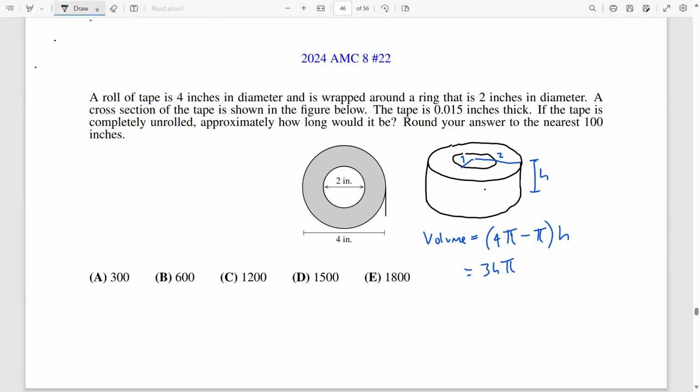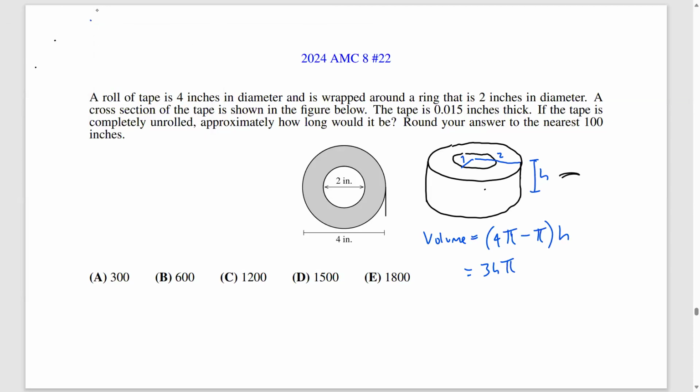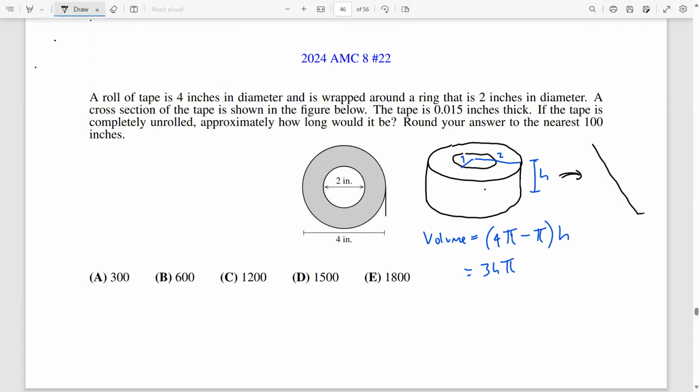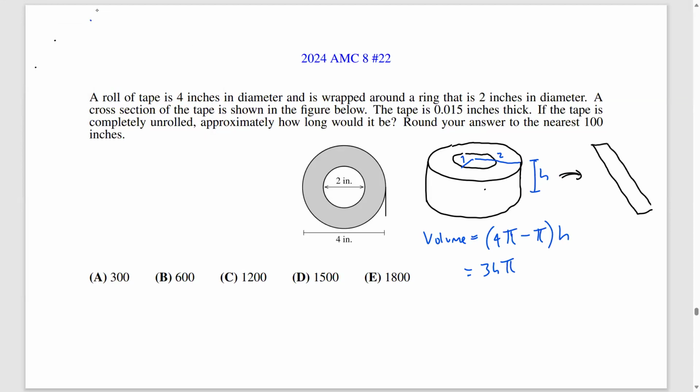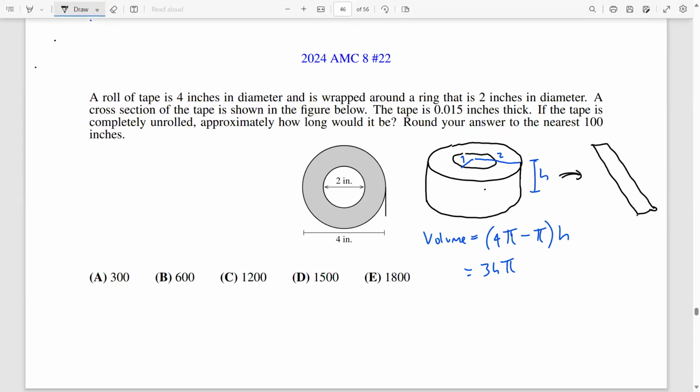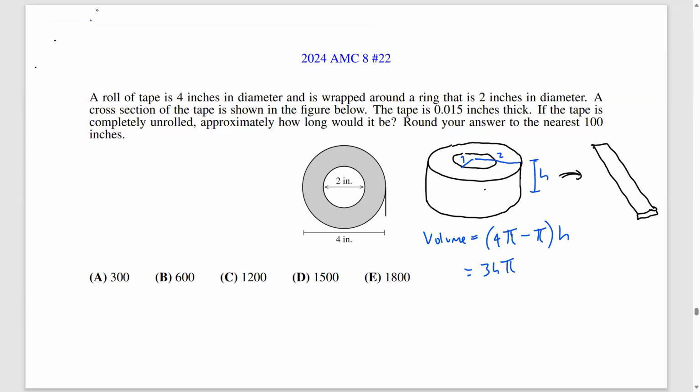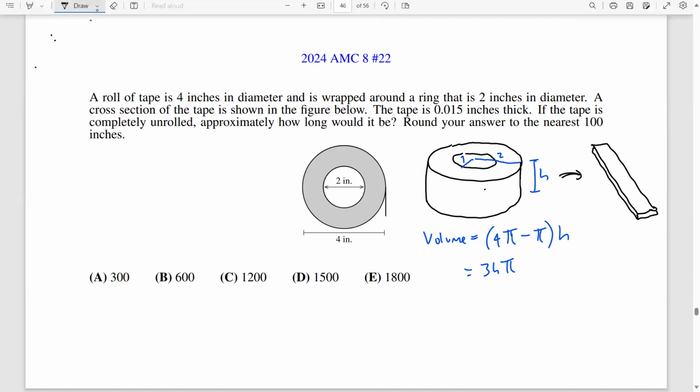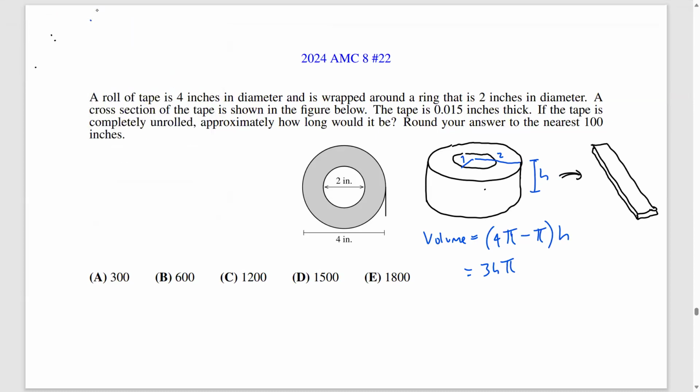Now, if we were to unroll this tape, what we'll get is a very long rectangular prism. Of course, this is not drawn to scale. But what are the dimensions of this very long rectangular prism?